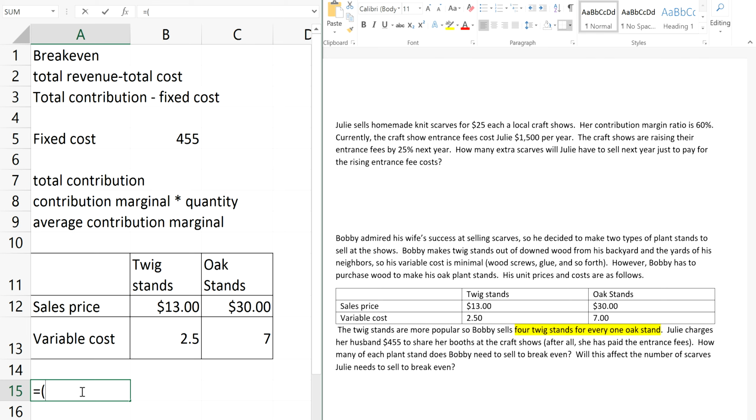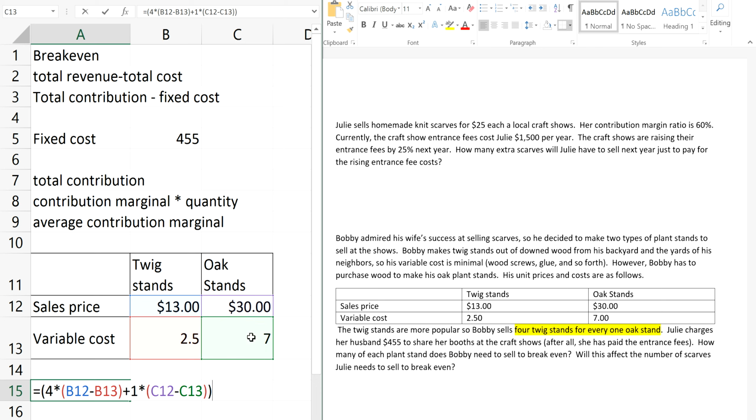For every 4 wicker stands, let's find the contribution margin for the wicker stand: 13 minus 2.5, plus we sell 1 oak stand, so 1 oak stand contribution margin.